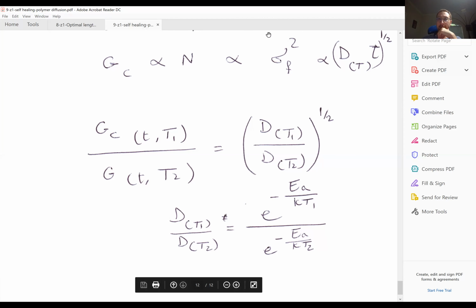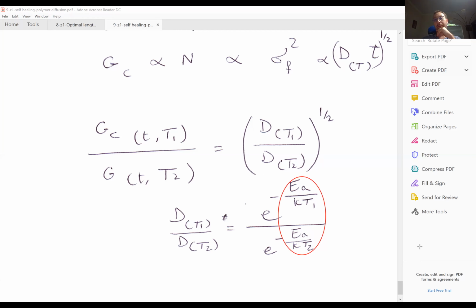What you can see there is that one way to make this diffusion faster is to increase the temperature, okay? This is for a given activation energy that is here.